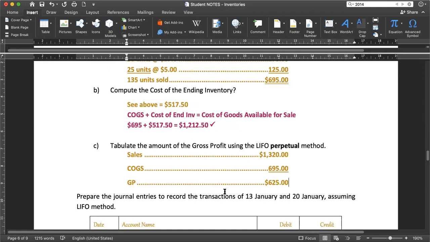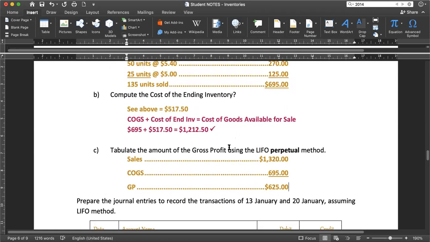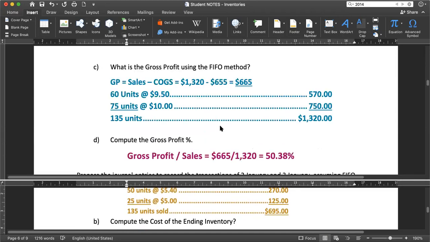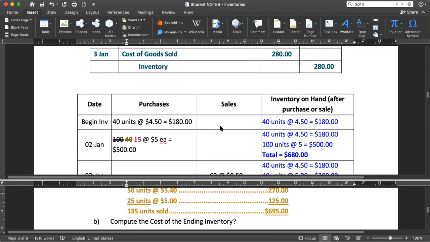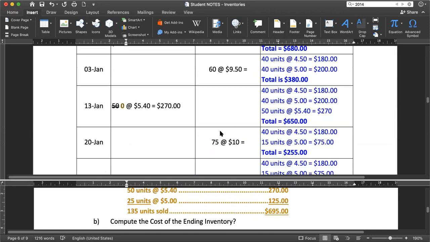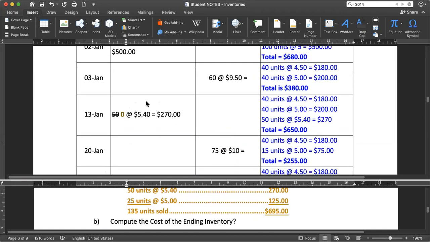All right, so now let's take a look here. We're going to do two transactions. The first one is to record the transaction of the 13th of January. Well, what happened on the 13th of January? They purchased 50 units.